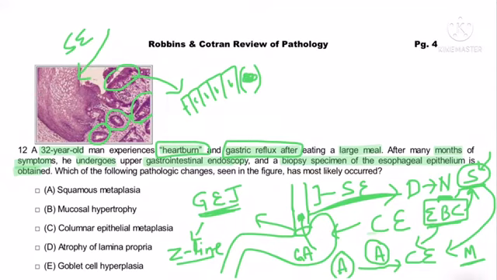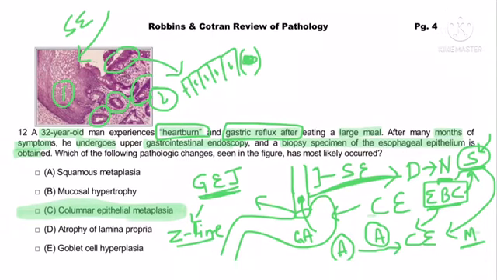So one type of epithelium converts to another type of epithelium, and this is an example of metaplasia. So what should be the answer? Squamous metaplasia, mucosal hypertrophy, columnar epithelial metaplasia, atrophy of the lamina propria, goblet cell hyperplasia. The answer should be columnar epithelial metaplasia. And the condition is gastroesophageal reflux disease. If you don't treat it, it can lead to cancer development.